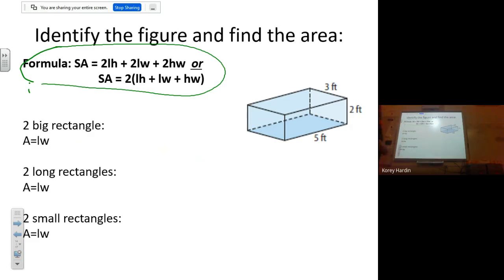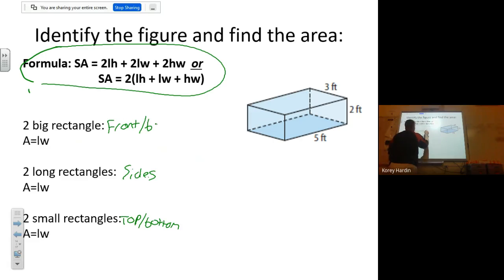So if this is a cereal box, let's go ahead and name these sides. The small rectangles are going to be my top and bottom. My 2 long rectangles are going to be my sides. And then my 2 big rectangles are going to be the front and the back of the cereal box.